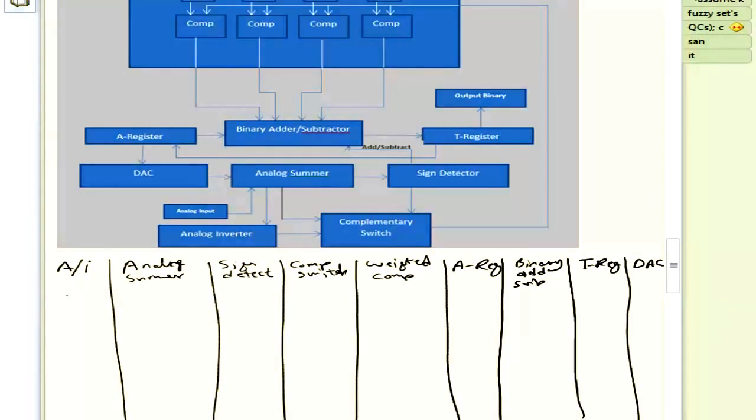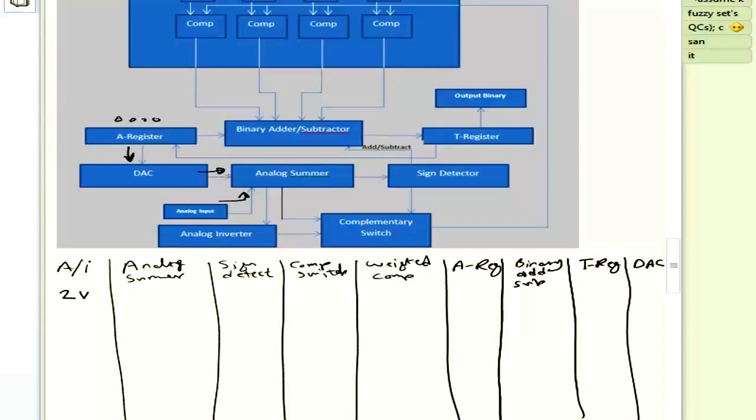Consider we want to convert 2 volts at the input. The analog summer takes input from the analog input and the DAC. The DAC takes input from the A register. The A register is initialized at 0000 for a 4-bit converter, so the DAC output is 0.